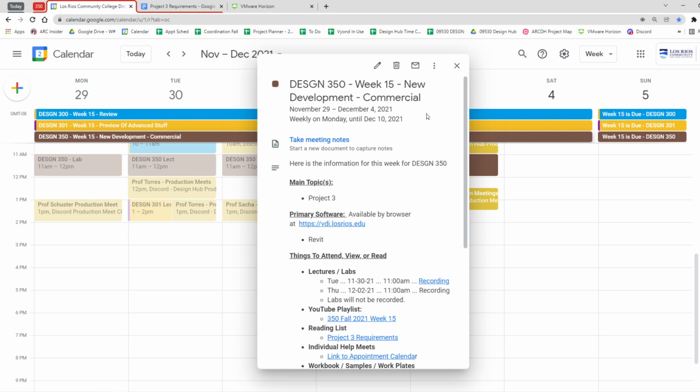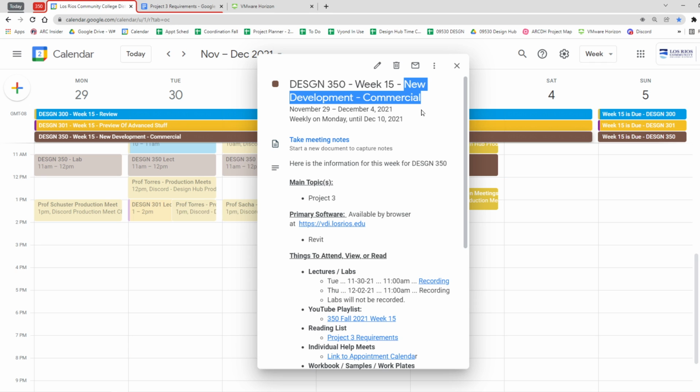Remember, this is our Project 3. It's week 15, and this is the due week. It's due this week. It's a new development. It's commercial. It's really mixed use. And it's considered commercial because there's going to be an innovation site and there's a religious facility on the two combined sites.